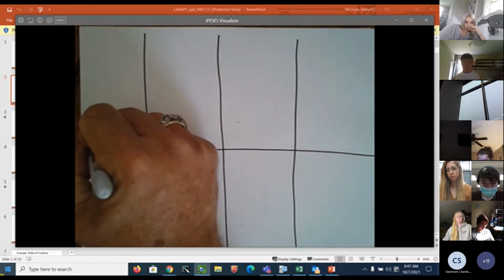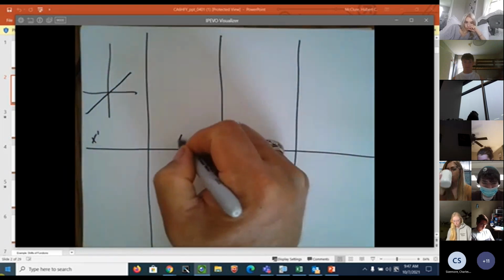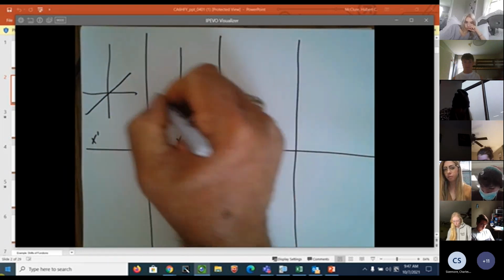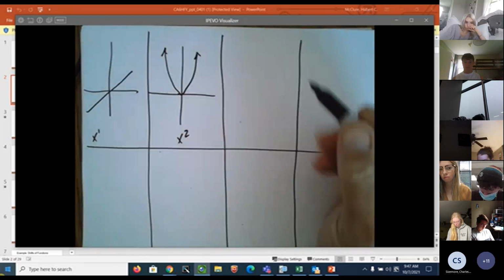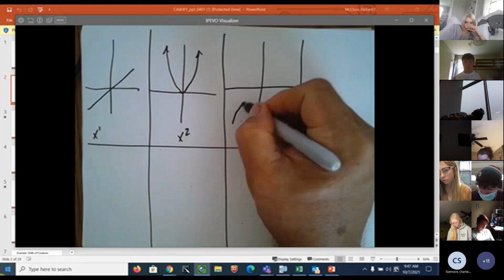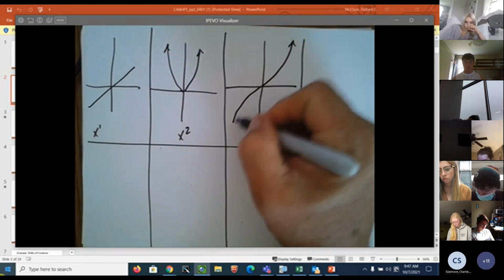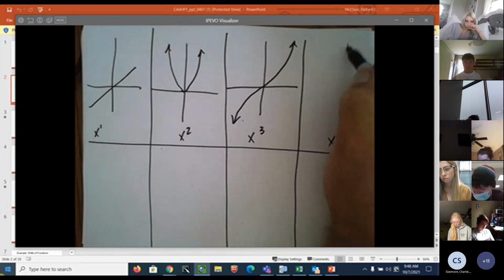X to the first, you've got a straight line. X to the second, you've got a parabola. X to the third, you've got the squiggle. X to the fourth, which is your even functions.